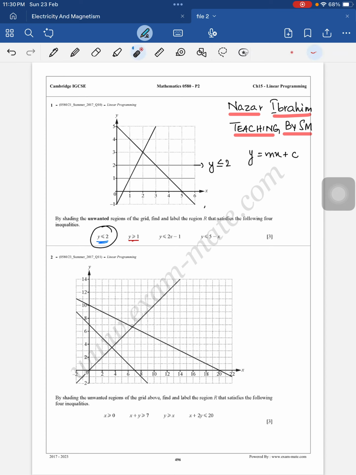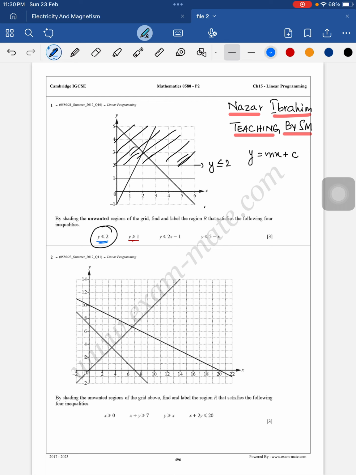The lesser region over here is this one, but the question says to shade the unwanted regions. So y is less than or equal to 2 is the below one. I will shade the above because we have to shade the unwanted region. So the unwanted region over here is this one, right?